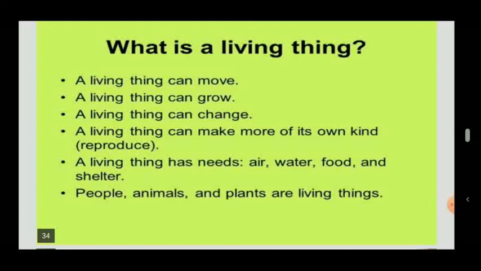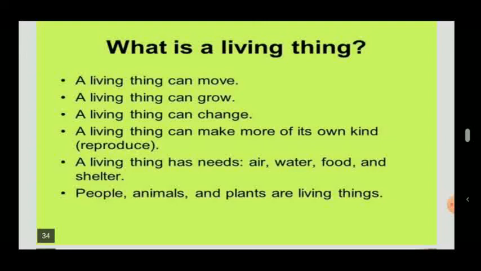So living things need air, water, food and shelter, but the most important three things are air, water and food. Without these three things, living things cannot survive. Animals, plants or human beings, whatever is living needs air, water and food.